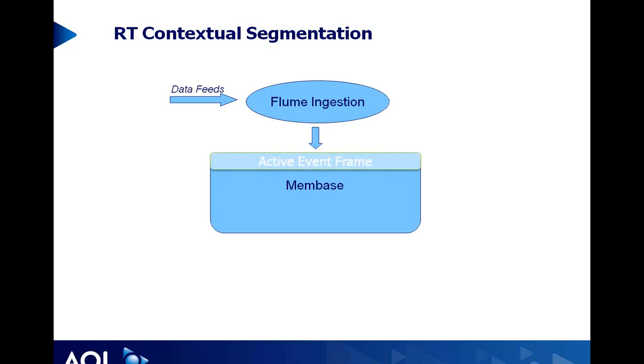Again, we load the current active event frame, the last 15 minutes of data, into Membase, and on compute cluster we spawn a user to content ID mapper, which is a process that reads user event logs from active event frame and figures out what pieces of content a user has seen by collecting content IDs for that user and pushing it back to Membase as a UC map.